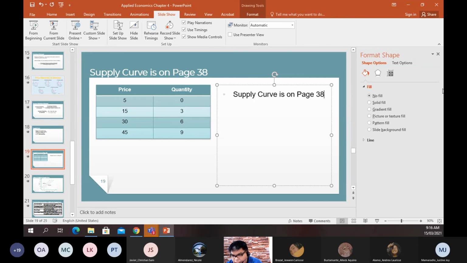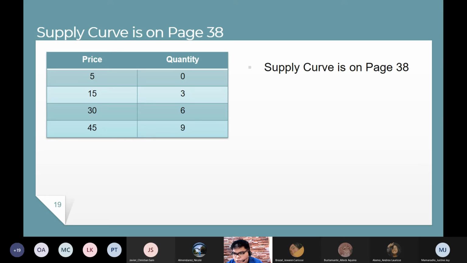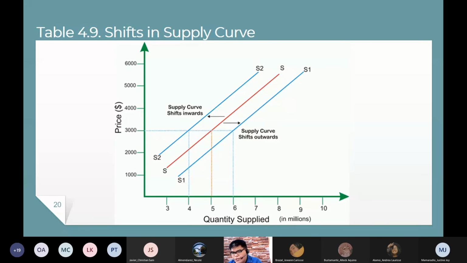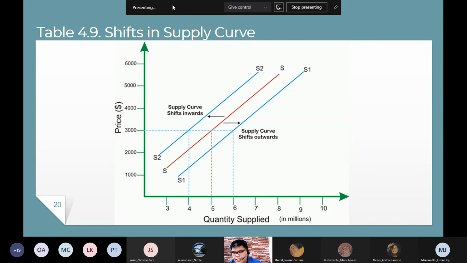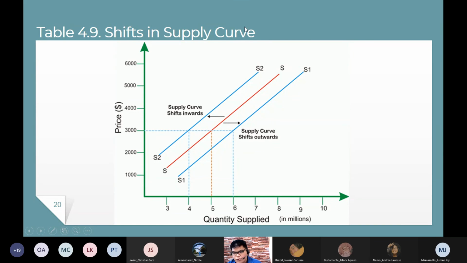And then, nagkakaroon din tayo ng, bakit gano'n na nangyari? From current slide, nangyayari din yung shifts in the supply curve, hindi lang sa demand curve, but also on the supply curve. So, supply curve shifts inwards and supply curve shifts outwards.